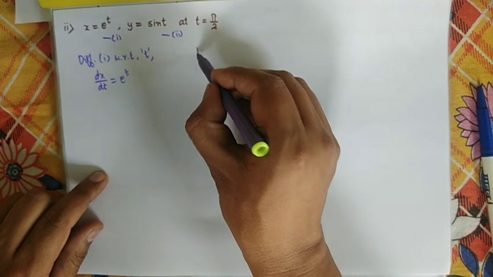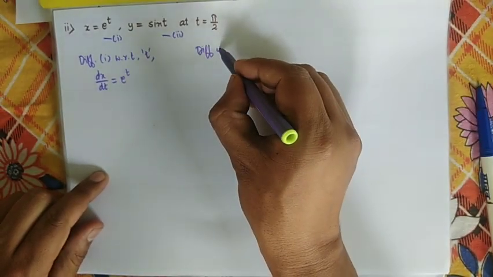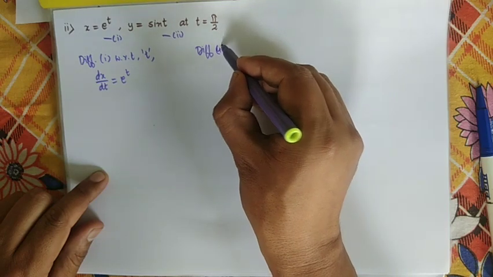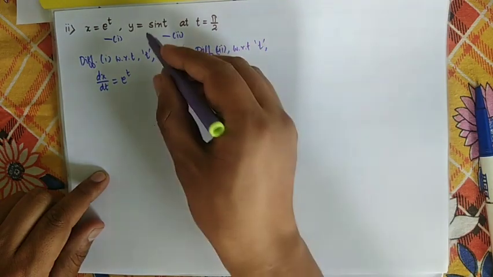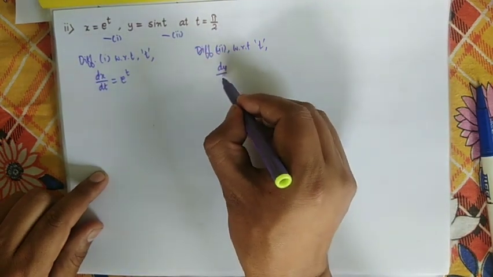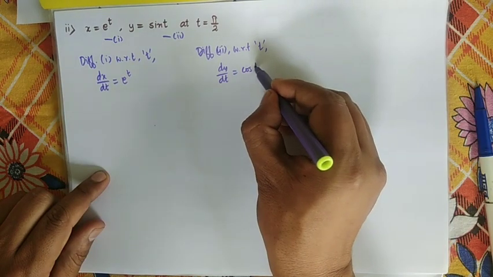Similarly, I'll find the first order derivative of y. So differentiating number 2 with respect to t, this gives me dy by dt equals differentiation of sine t, which is cos t.